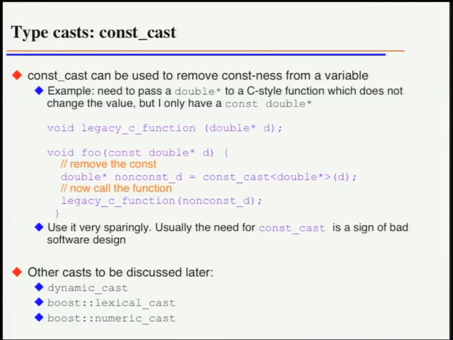If you want to call a C or Fortran function, which does not know about constant arguments, then you say, okay, I know this function does not modify my arguments, but to make the compiler accept that, I can cast the const away from this pointer variable d. So, as I said, there's some reasons to use it, but in general, it's a sign of bad programming design if you need it. There's other casts which will be discussed later.